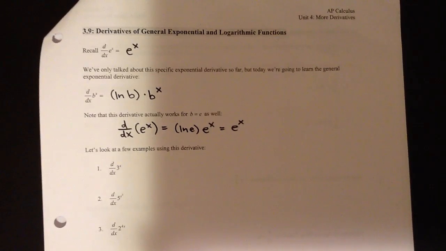As for e, the way that mathematicians came up with the number e is because they noticed that all exponential functions had exponential derivatives, so they figured there must be one exponential function out there that was its own derivative, and that's how they came up with the base of e. So that's exactly what e is in calculus.